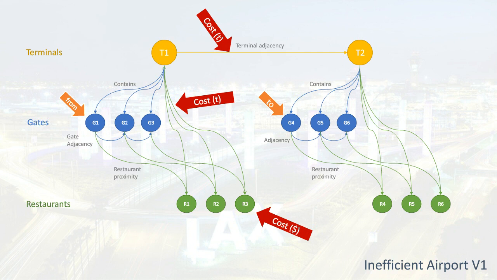So for this, one of the most common problems, or at least one of the problems that I experience when I fly, is that you have to get from a given gate A, for example gate 1, to a target gate B, gate 4 in this example. But there's a limited amount of time. There's a constraint on the time that you have to go from one gate to another. But you might as well also pick up some food on the way.